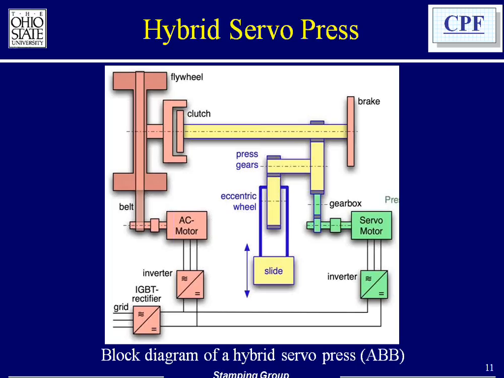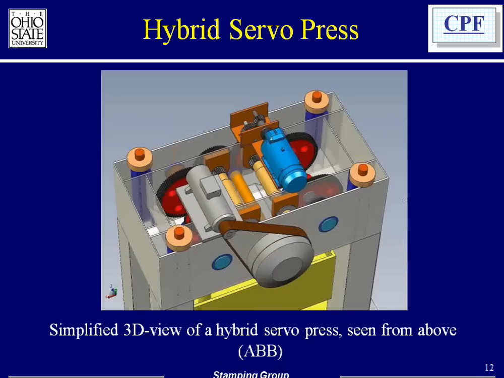The reason for this is that you can adjust the speed of the slide by releasing the clutch that you see on the left side and by activating the servo motor to change the speed of the slide. So I have seen some examples in Europe especially where some people added this hybrid servo press design to their existing mechanical press. So this is just as information.